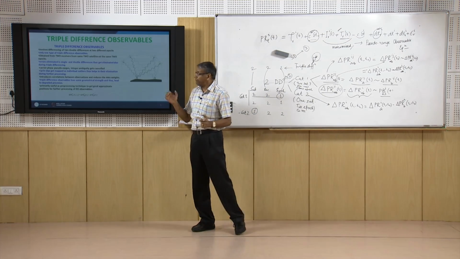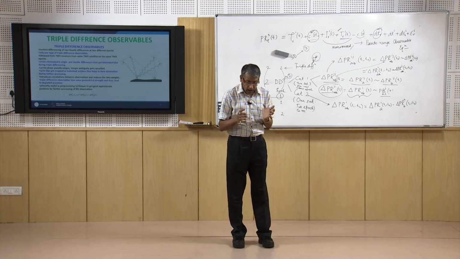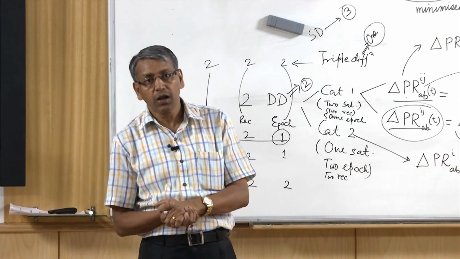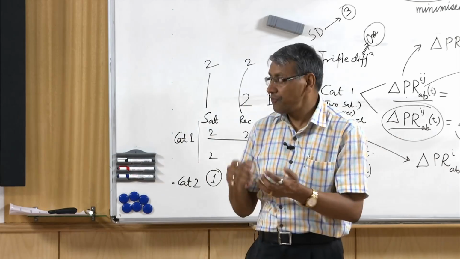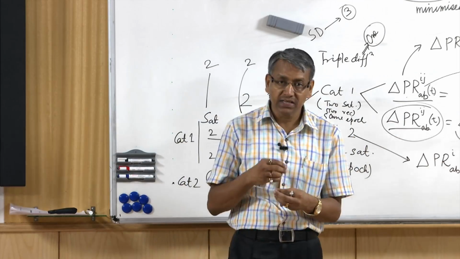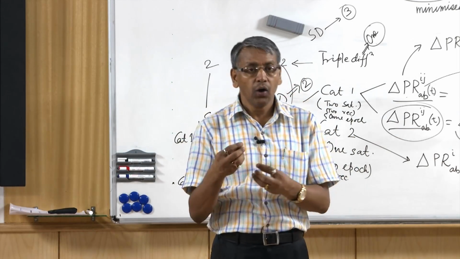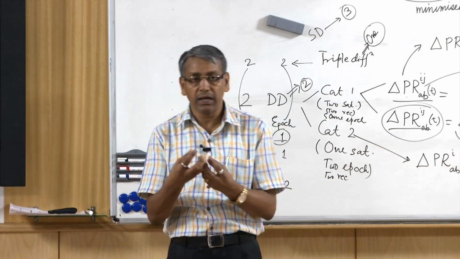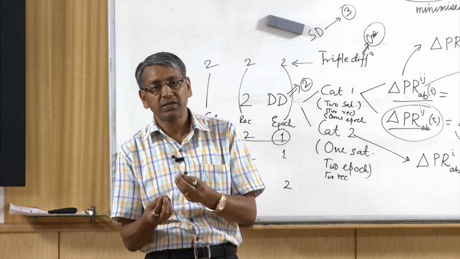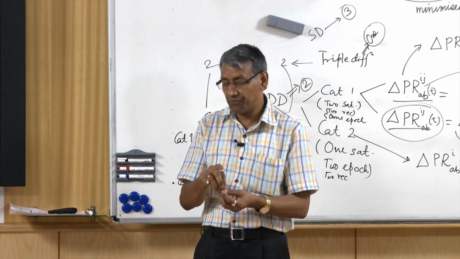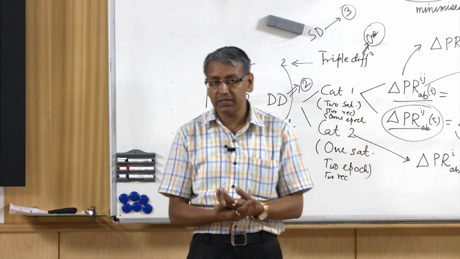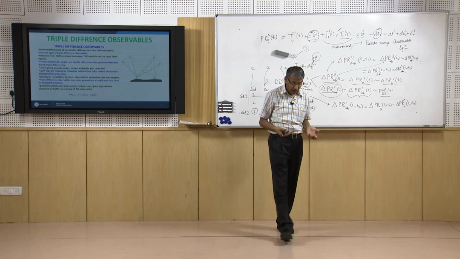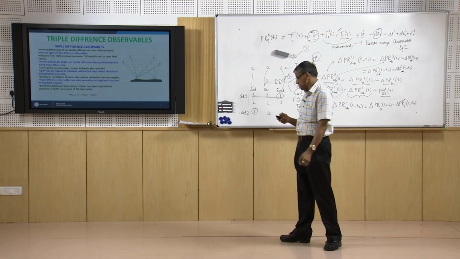Triple difference observables are processed to get the initial position of the receiver, and from that position as the starting point we process the double difference data, as the input to the double difference processing. Then we end up with a good solution. So, this is the process by which we end up with a better GPS position.